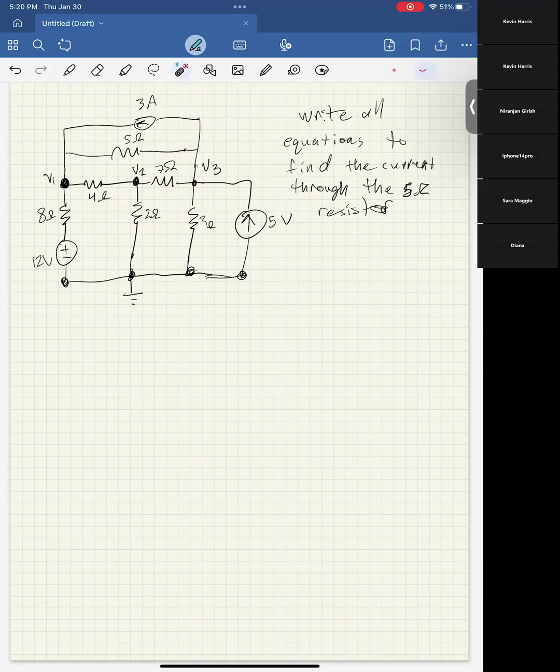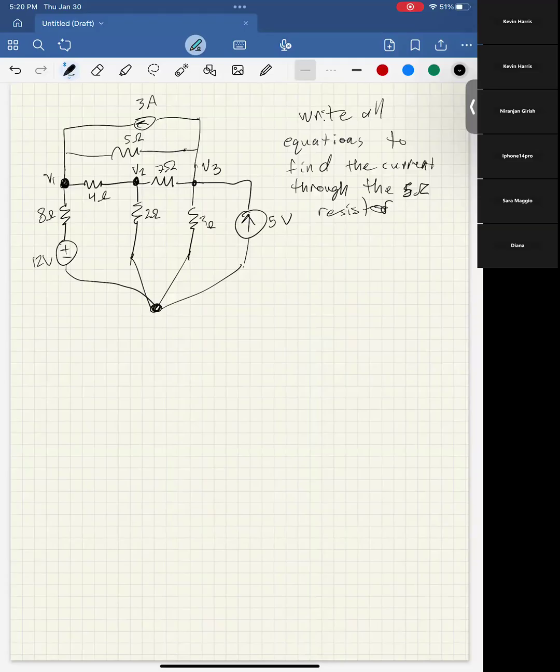Don't get tricked by how they draw it. Does it matter which node you define at the bottom? No, it does not matter which you define at the bottom as ground because all of these are the same node. Even though it's drawn like there's a different node here and here and here, since they're all connected by a wire, you could draw the circuit like they all meet at one point and then go back up, and this could be one node, and that would be the exact same circuit.